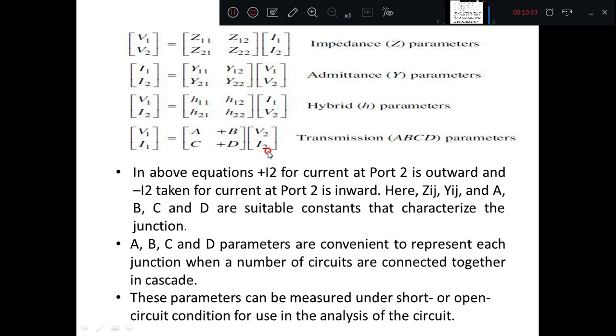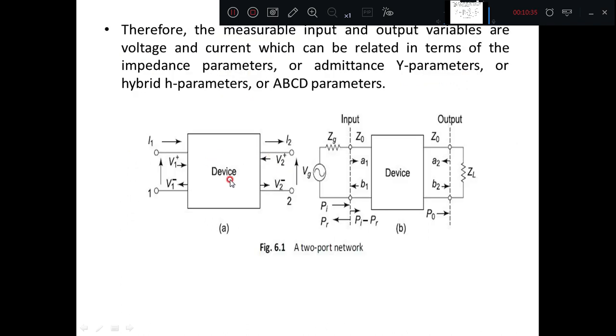So here you can see the diagram. Here we have V1, V2, and I1 and I2. This I1 is nothing but I1 plus and I1 minus. I1 plus is the incident current at port 1, and I1 minus is the reflected current at port 1. Similarly, I can define I2 as I2 plus and I2 minus.